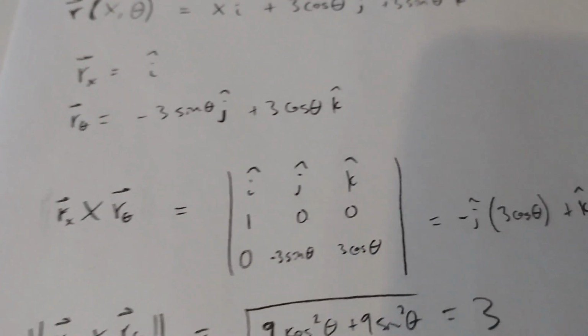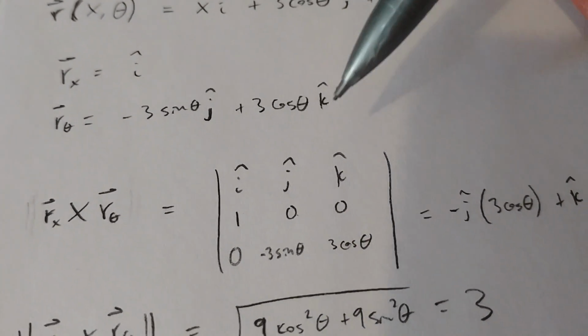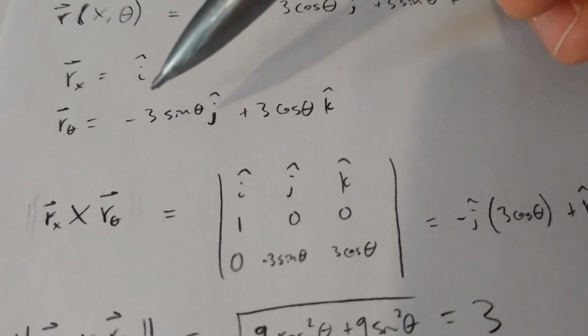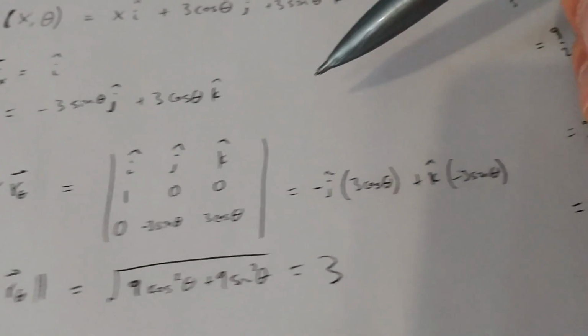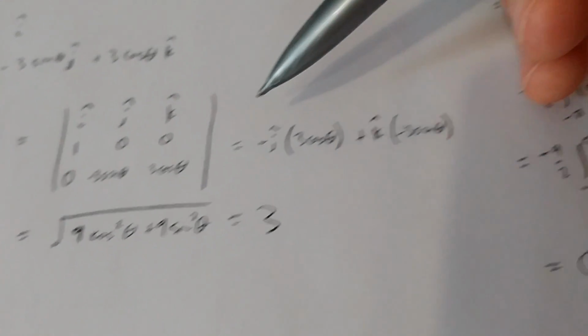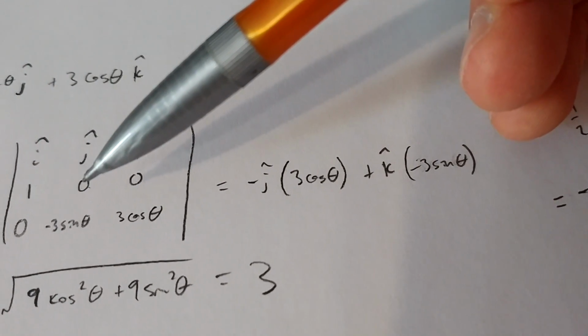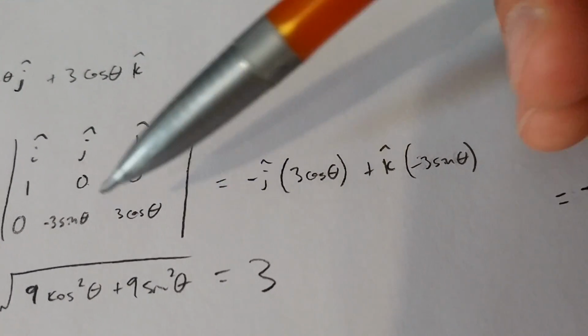Yeah, so now let's take the cross product. So it's going to be i, j, k, and then 1, 0, 0, and then 0, minus 3 sine theta, positive 3 cosine theta. So if you take that, the first one would be i hat times 0 times that minus 0 times that, so that's 0.